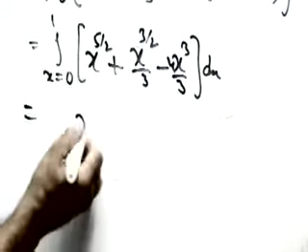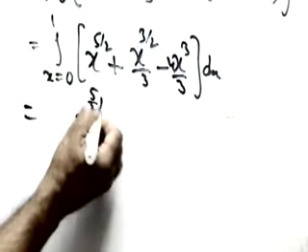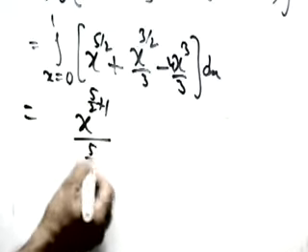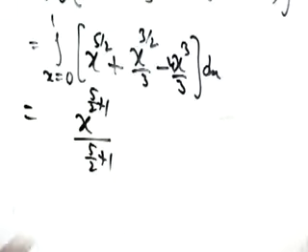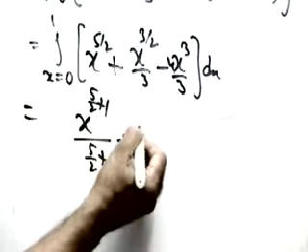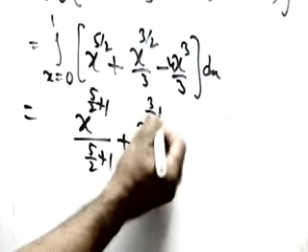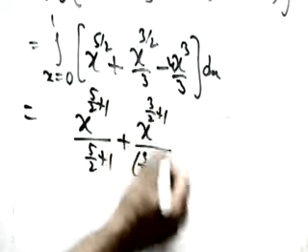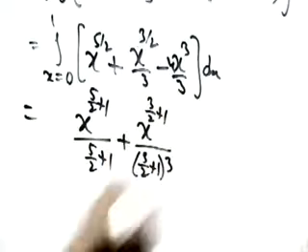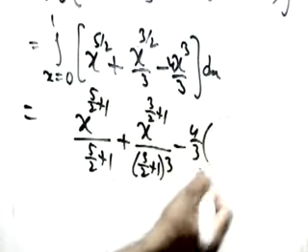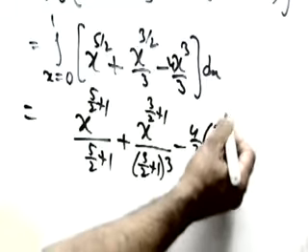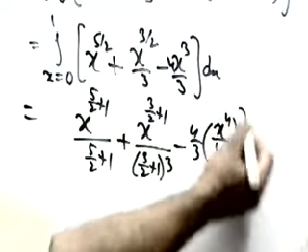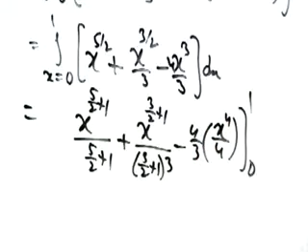Now see here, the integration of x power n will be x power n plus 1 by n plus 1.